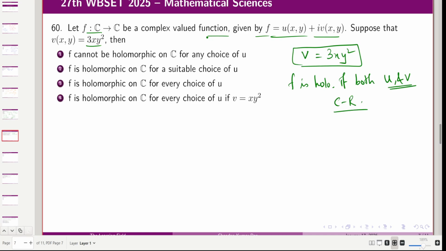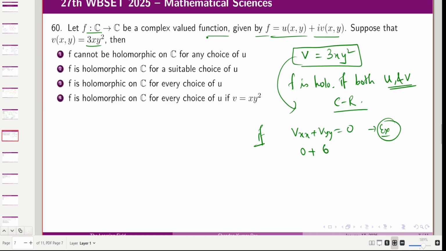So here v is given, so that means if v satisfies vxx plus vyy equal to 0, then we get the existence of u. So vxx means 0 plus vyy, and this has to be satisfied uniformly.